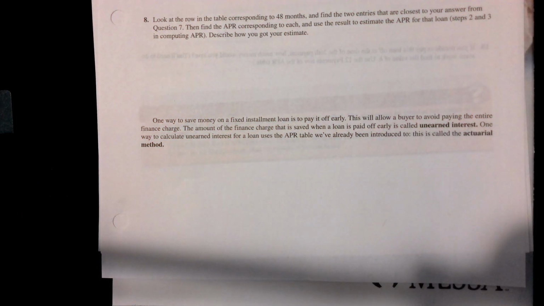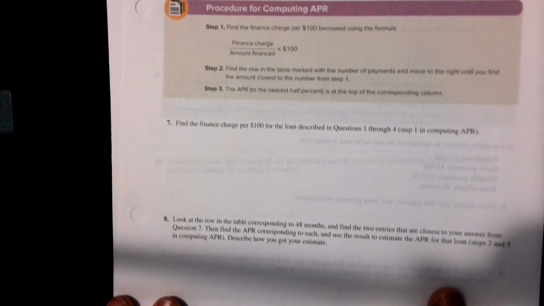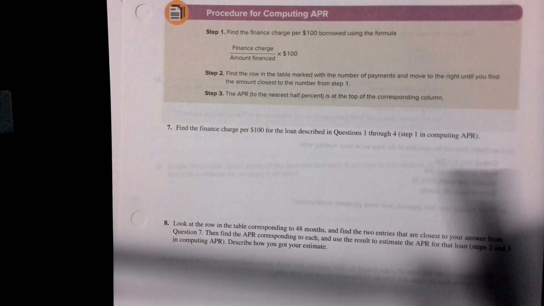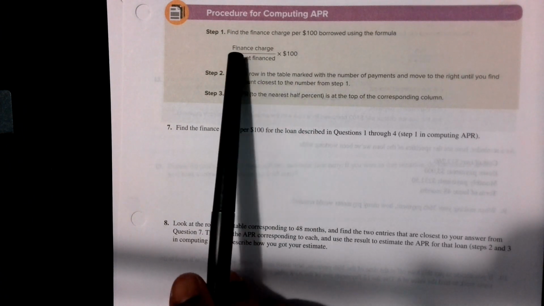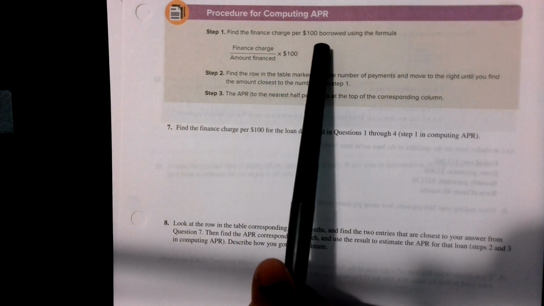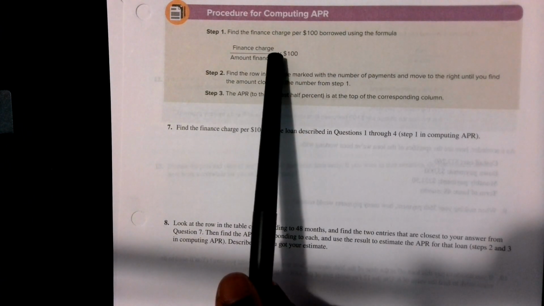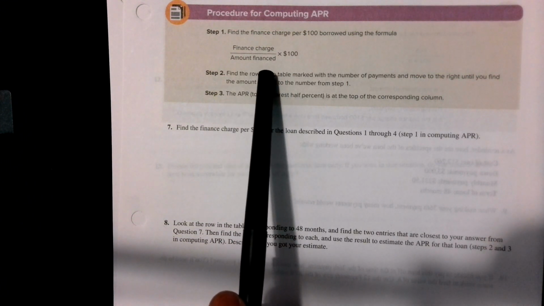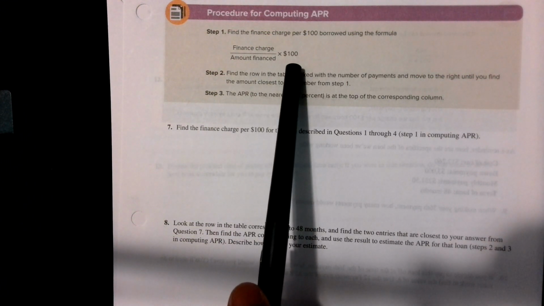Okay, now we're going to move on to the next page. It says find the finance charge. Well, actually, I need to scoot down a little bit here. Okay, it says procedure for computing APR. Find the finance charge per $100 borrowed using the formula finance charge over amount financed times $100.